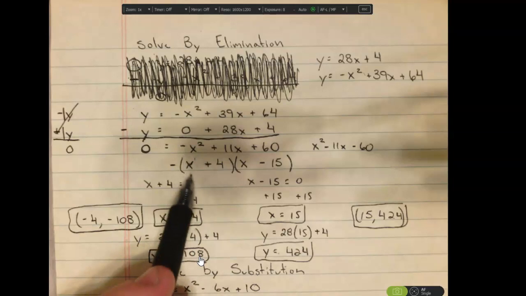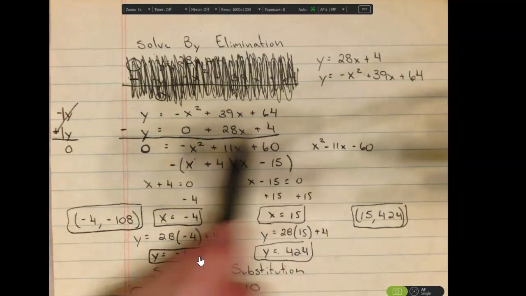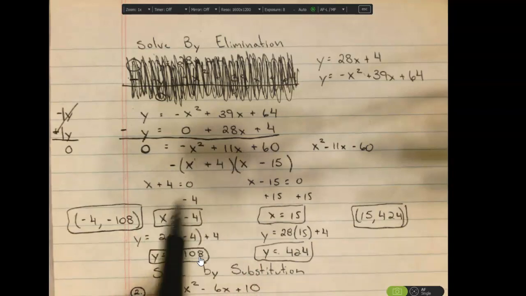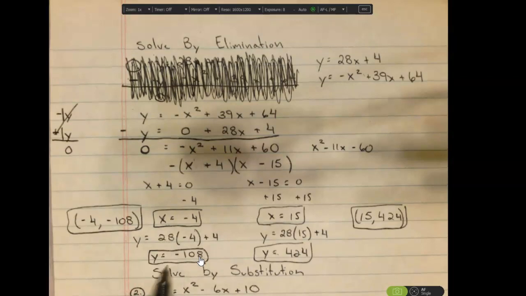From there, I factor my quadratic expression or equation here, set both of those equal to 0, find my x, plug it back in, find my y. And there you go. I've got an x and a y. I've got two ordered pairs. So there are my two solutions.